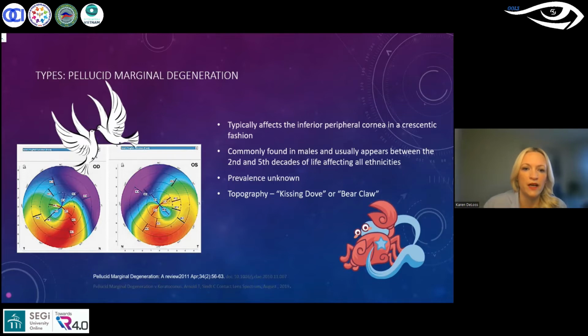This is just the hallmark of how your topographies are going to look. I find that most patients get diagnosed in their late 30s and 40s. That's one thing that I personally experienced. I don't know that I've ever seen it in a patient as young as their 20s and 30s.